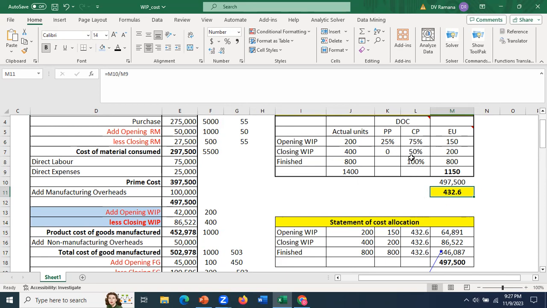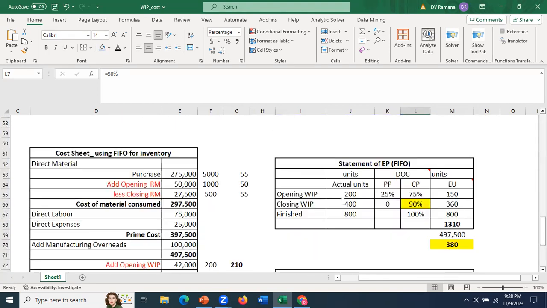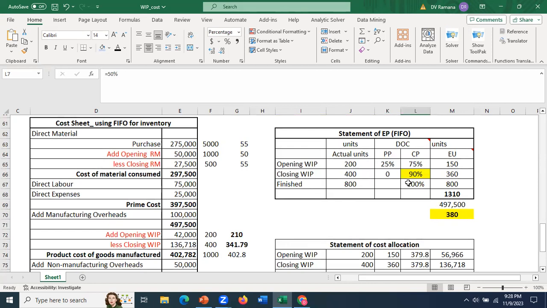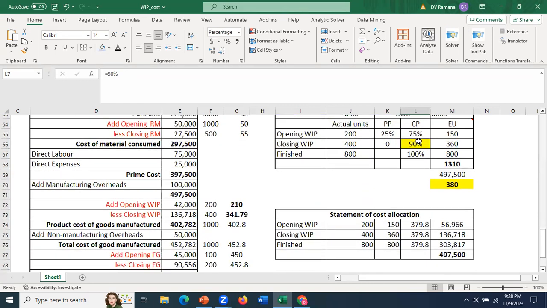This will completely depend on the degree of completion. Okay, if the closing work in progress will increase, if the degree of completion goes up, then the cost per unit will go down, and vice versa. Let us observe that. Suppose, all other things remaining constant, the closing work in progress, the degree of completion is 90%.